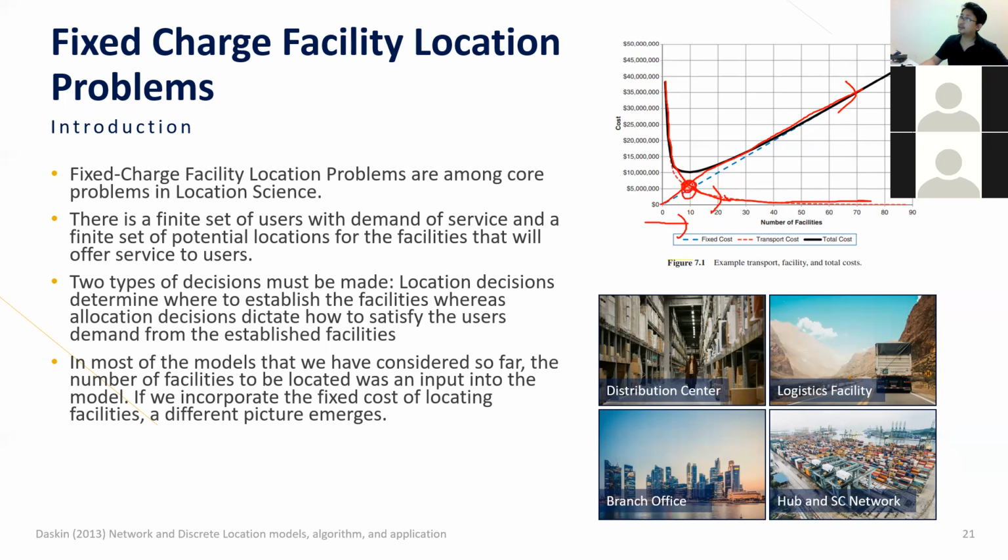So what you are going to find here is the number of facilities that gives you the minimum total cost, based on the total travel cost and the total fixed cost of using the facilities.